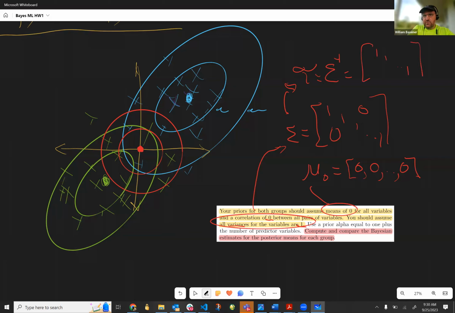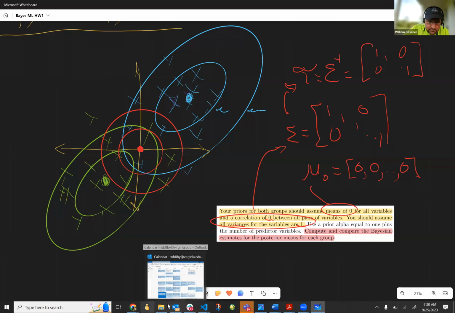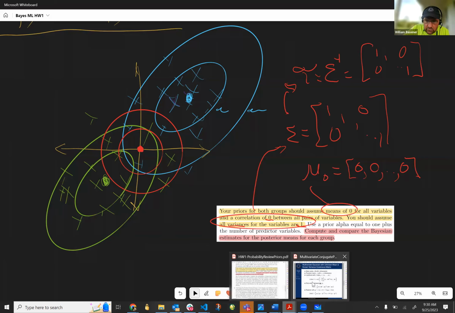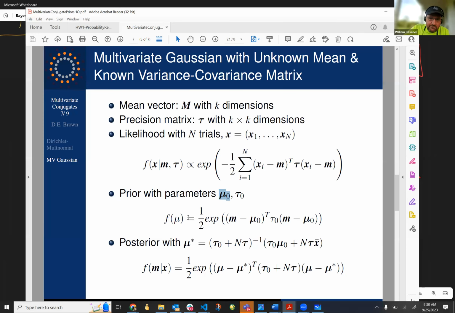And the inverse, of course, of the identity matrix is just the identity matrix. So tau is also the identity matrix. Okay. And then this says the posterior is going to be a probability distribution whose mean is mu star. And here's the formula for mu star.